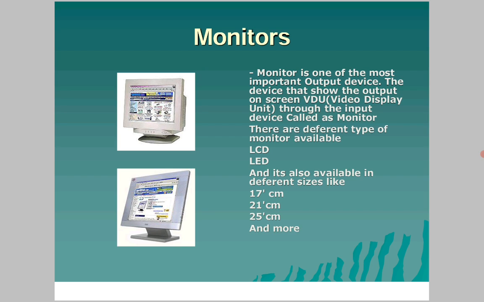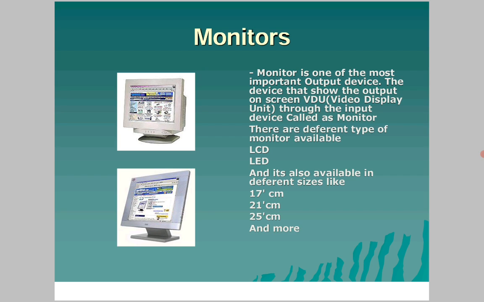It means the quality of the output of a monitor. High quality or high resolution monitors generally give high quality output, and these resolutions are generally measured in pixels. What is a pixel? Pixel means picture element.